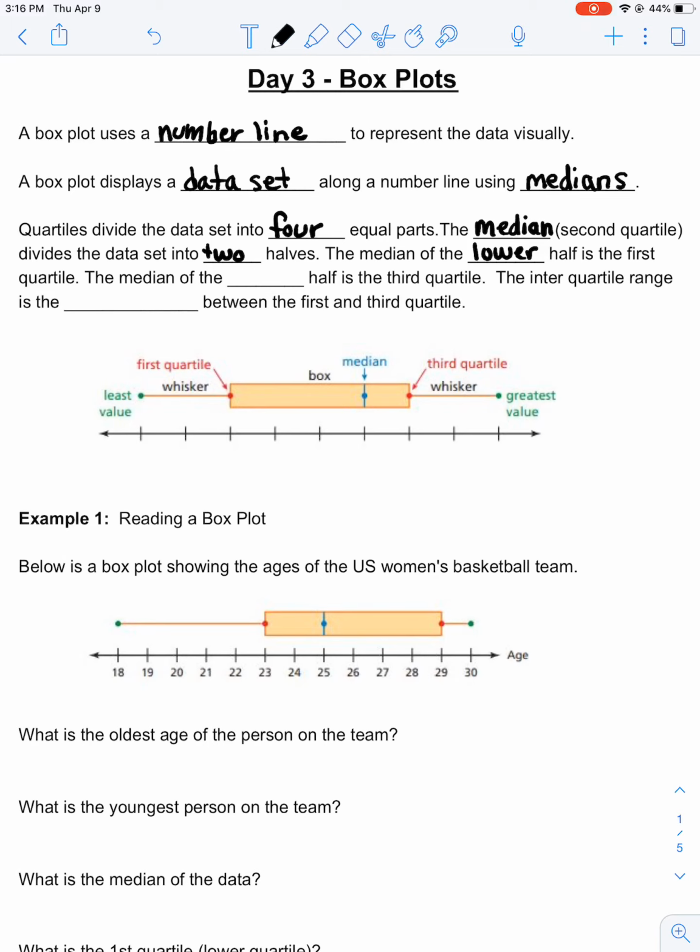The median of the upper half is the third quartile. The interquartile range is the difference between the first and the third quartile.